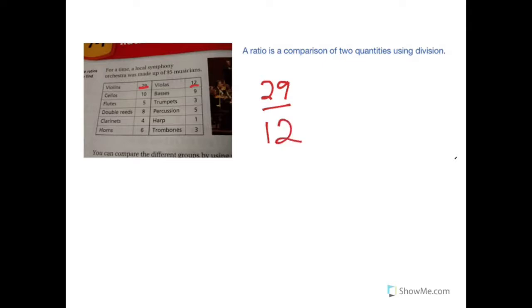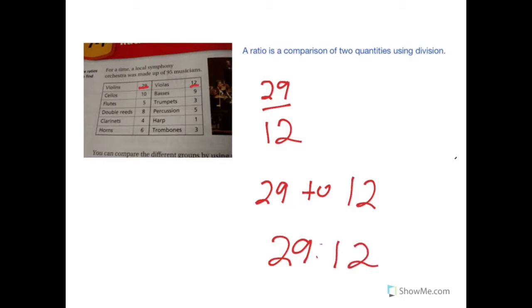So you have a ratio of 29 to 12. You can write that as a fraction, as I have done. You could write it as 29 to 12. Or, maybe more importantly, where you may have seen this, a ratio looking like this, 29 to 12. There are 29 violins compared to 12 violas.